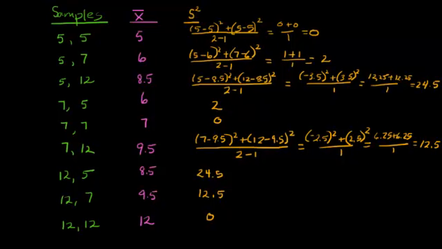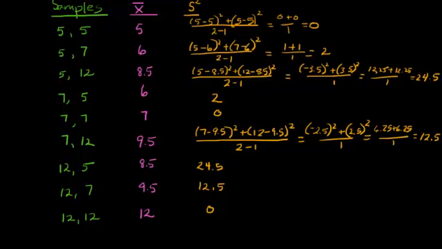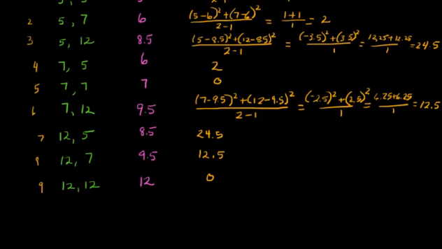Okay, so now we want to create a probability distribution. And actually before that, let's find the mean of the sample variances. Remember we had 9 samples: 1, 2, 3, 4, 5, 6, 7, 8, 9. And so we've got 9 variances. So let's find the mean of those and then we'll create our probability distribution.